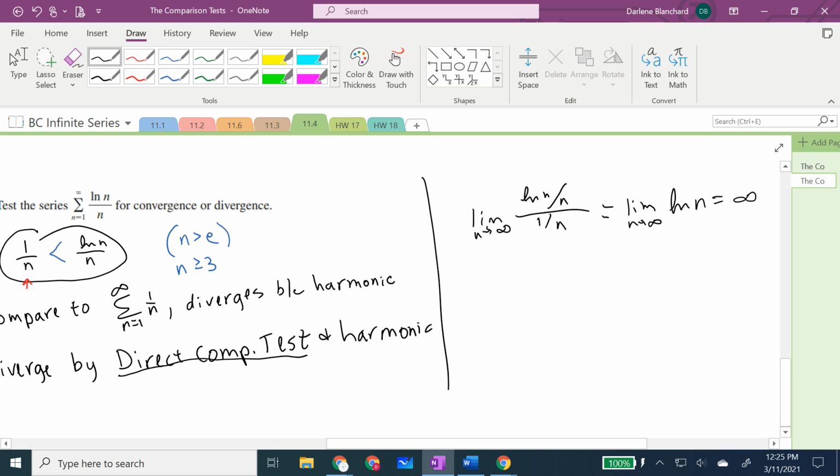Because that ratio is not finite, I'm not able to use the limit comparison test. At least not if that's who I choose to compare it to, but not that you're not going to find something else. But if I choose to use 1 over n, I cannot use limit comparison test.